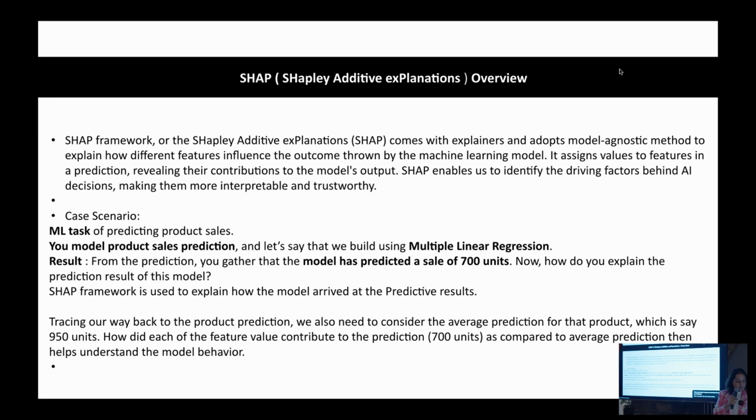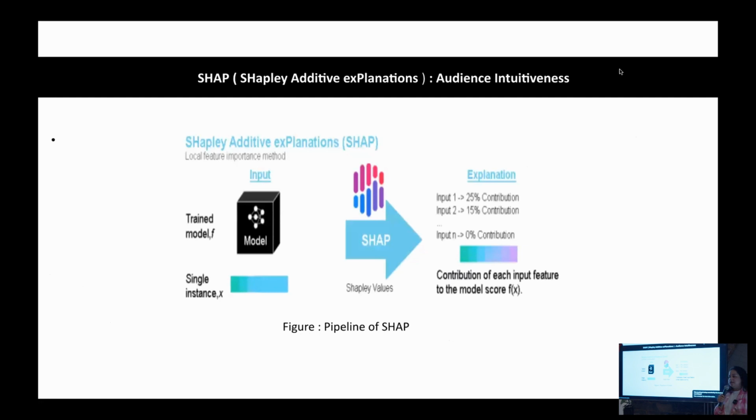There's a lot of maths behind it, but right now I know it's an overload of all the jargon and information. Just understand one thing: understanding the importance of features is the work of SHAP, right? Each feature is given a certain score, right?